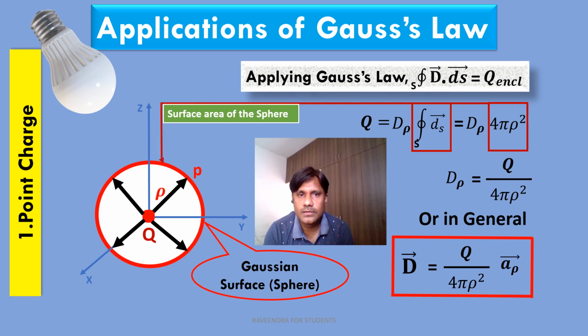So with this single step, knowing the Gaussian surface area, we got the answer very easily. Yes or no? But the same D bar, by using Coulomb's law, we have to evaluate the integral. Here no need to evaluate the integral, we only have to identify the Gaussian surface. Once you identify the Gaussian surface, the problem is almost solved. Just by equating it to the total charge enclosed, we will easily get the total electric flux density due to that given charge distribution.